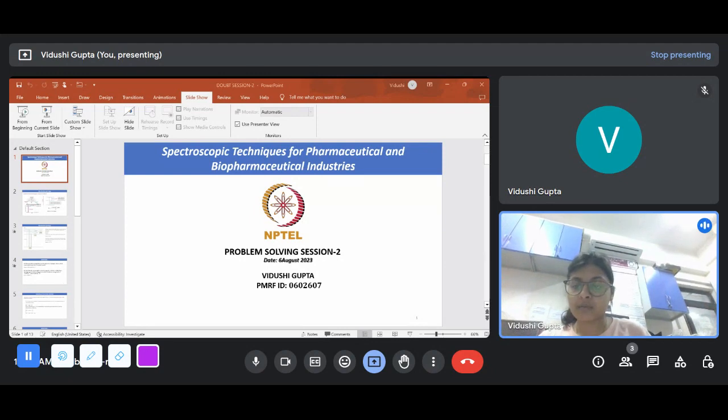This corresponds to the Lyman. Now, when the transition is from n equals 5 to n equals 3 state, or from n equals 4 to n equals 3 state, this is the Paschen series, and it is obtained in the infrared region.